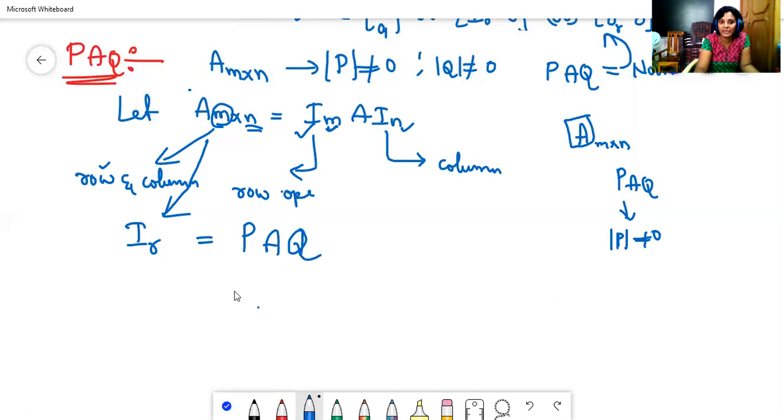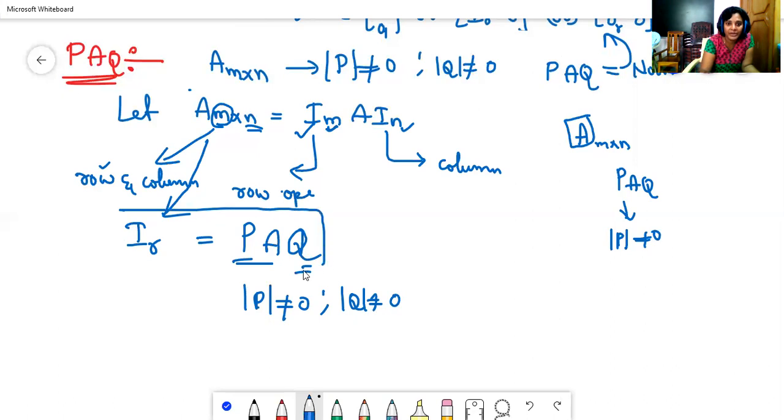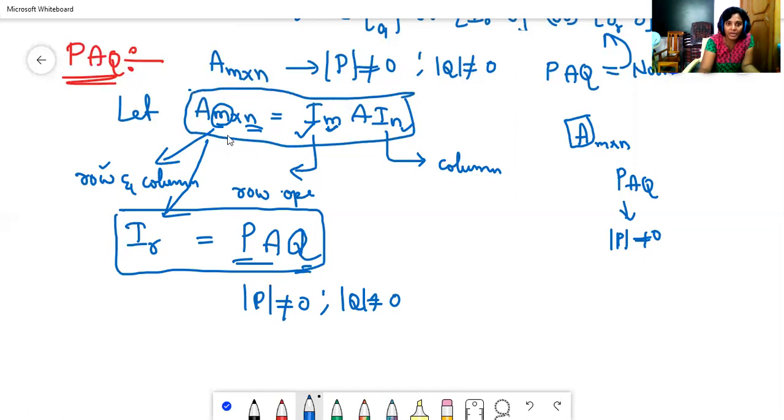Just check it: is it singular or non-singular? These two matrices are exactly non-singular matrices, and these are the matrices we are finding. Take A as I_m A I_n, applying row and column operations. The left A matrix is reduced to normal form.